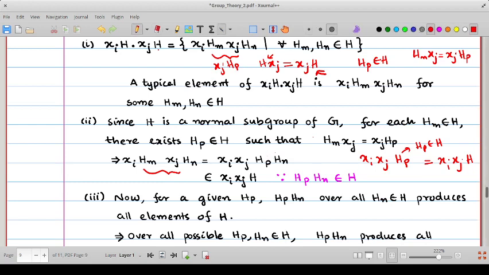But then in this product we need to consider all possible values of Hm and Hn. So here all possible values of Hp and Hn.